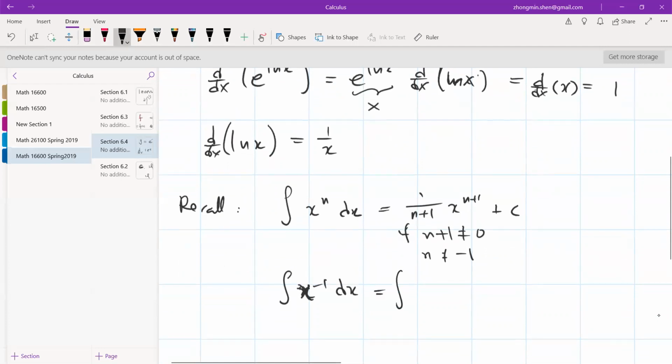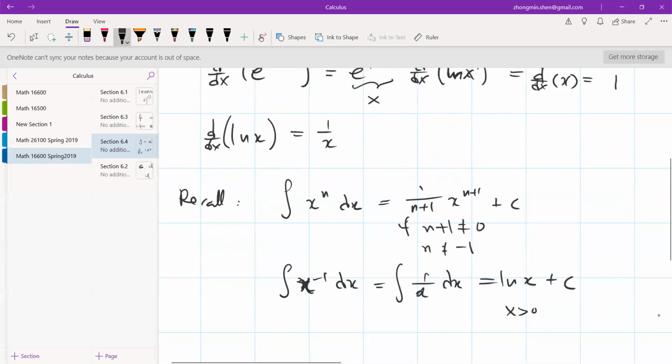Now you know what happened, right? This is going to be the integral of 1 over x dx, but the antiderivative of 1 over x is natural log x. Now we can say this is going to be natural log x plus c. But be careful, this is true for x positive. The x to the negative 1 can be defined for negative x.